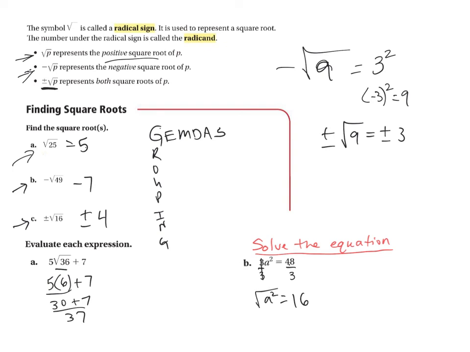And then we take the square root of both sides, and we get a is equal to 4. And in this case, I believe they want plus or minus 4, because plus or minus 4 will give us the desired answer. If I plug in positive 4 or negative 4 for a, I get the same thing.